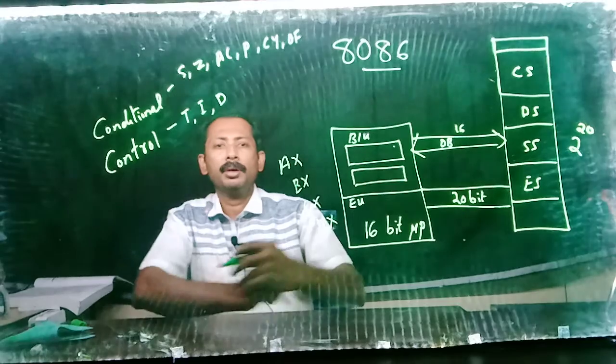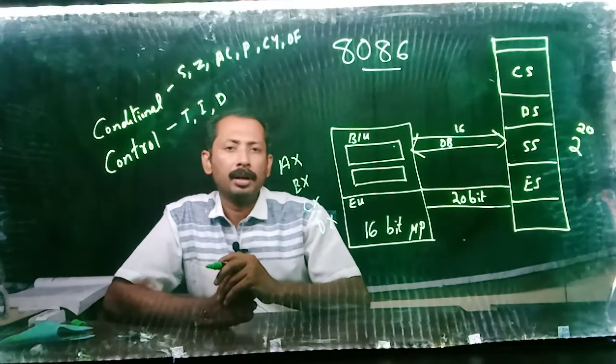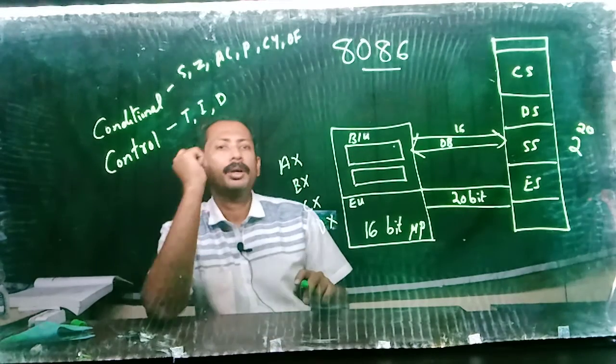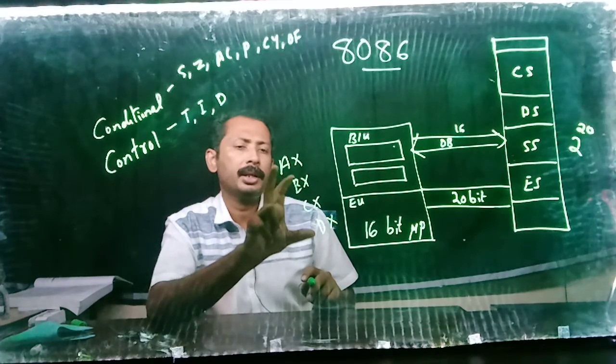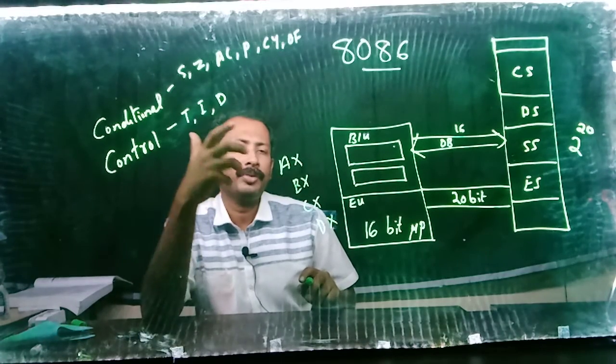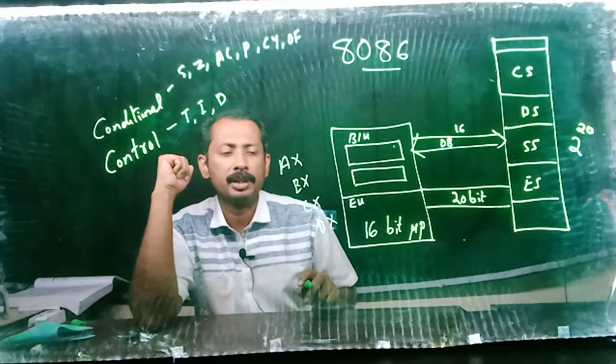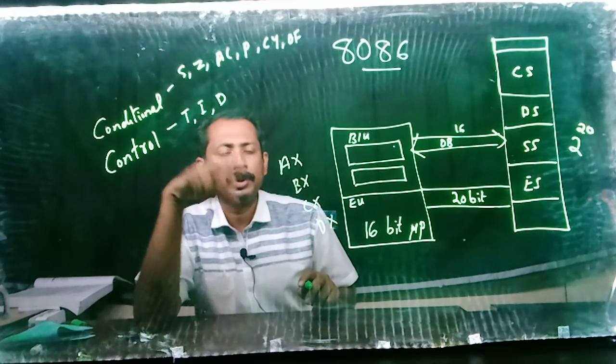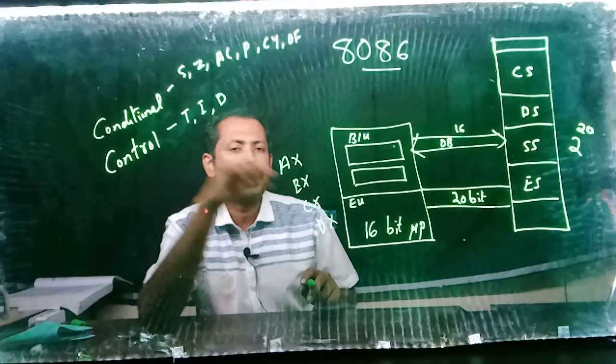And then we have 4 registers which are used for programming. Now we can use the registers while programming. If we find some shortage of registers, then we will be pushing this data to the stack segment.